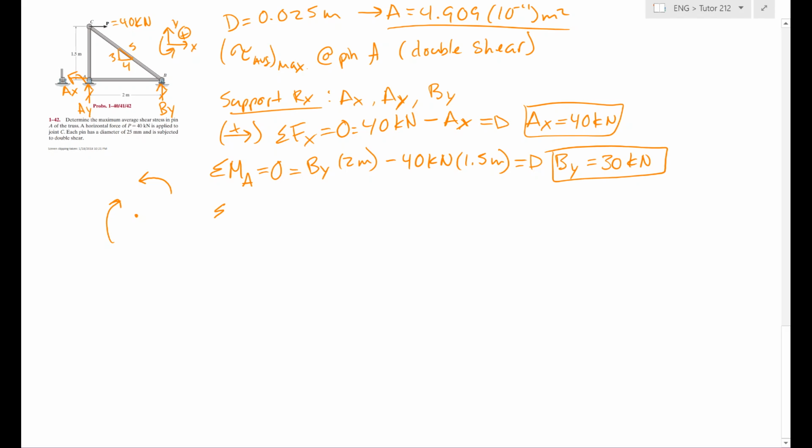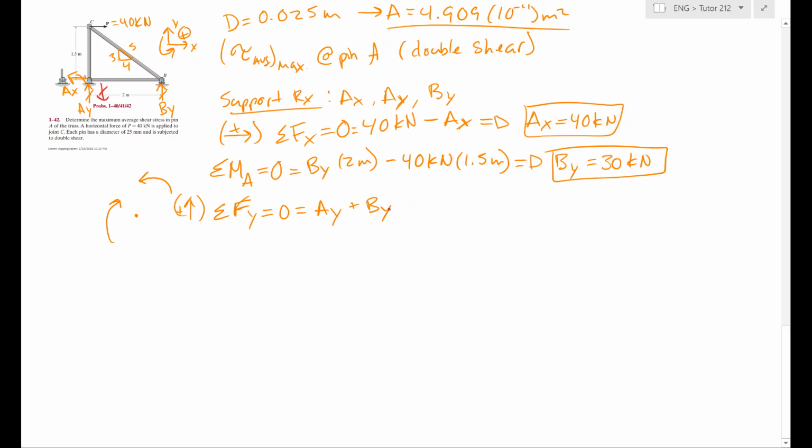Now we can go ahead and sum the forces in the Y direction. And you can probably see that I didn't draw AY right. It should be going this way.